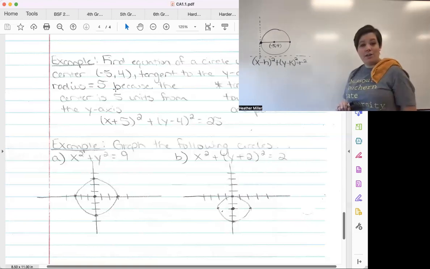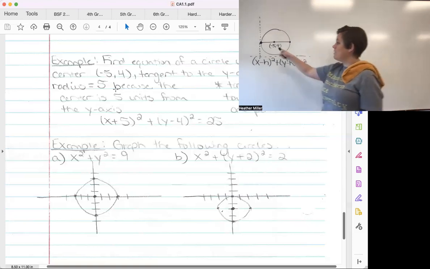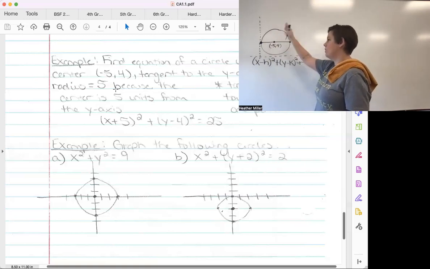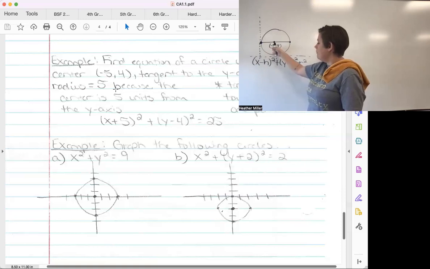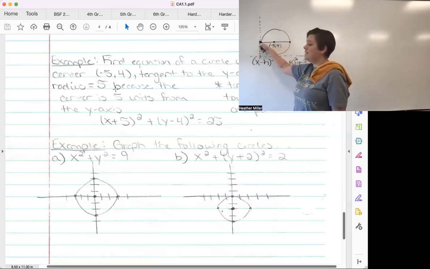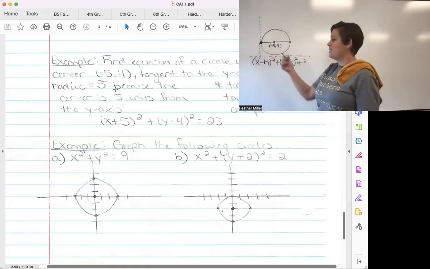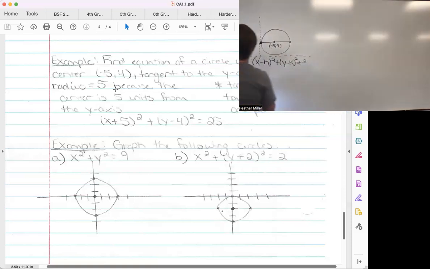I'm going to go 5 units because my x, which I know this is really wonky, I should have drawn it on the other side because my x is negative, but what happens is I still have to cover my x distance to get over to my y-axis. Let me switch this just because I can. Let me switch it over on this side.